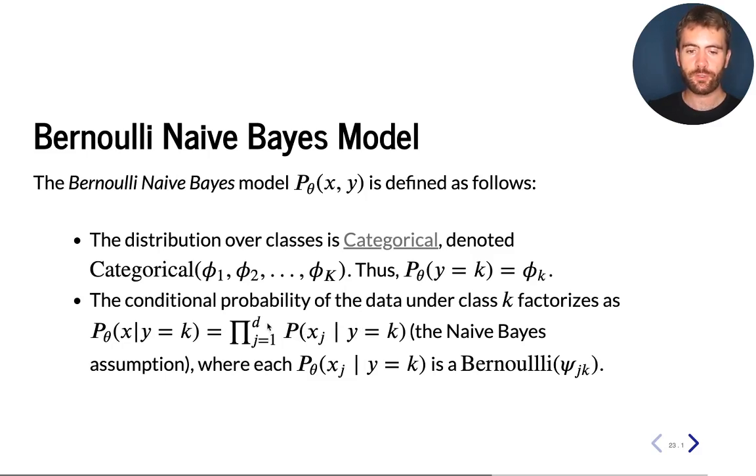It's a product of d Bernoulli distributions, where each Bernoulli distribution has a parameter called psi, and we have d times k such parameters. And because this distribution factorizes over its components, because the probability of seeing each word is independent of whether any other word is present, because we have this simplifying assumption, we call this a naive Bayes algorithm, because it uses the naive Bayes assumption.